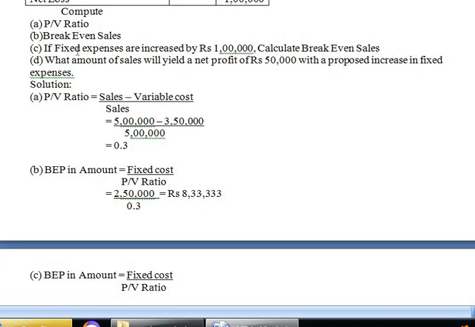Now next, if fixed expenses are increased by rupees 1 lakh, calculate break-even sales. Earlier, fixed cost was 2,50,000. Now they have told us it is increased by 1 lakh, so it will be 3,50,000. Got it? How did we get 3,50,000? It is 2,50,000 plus 1 lakh.